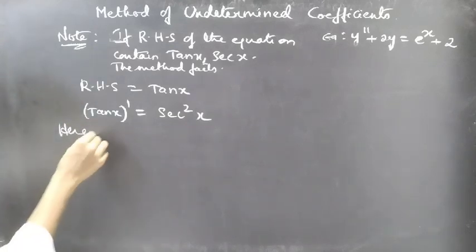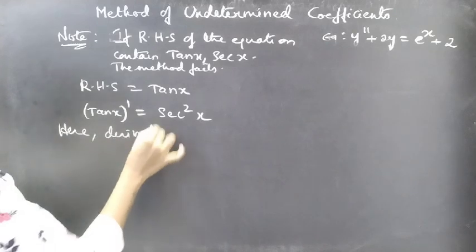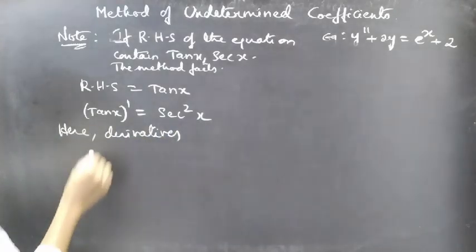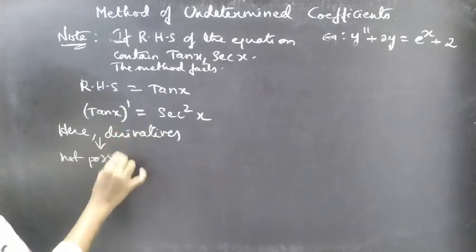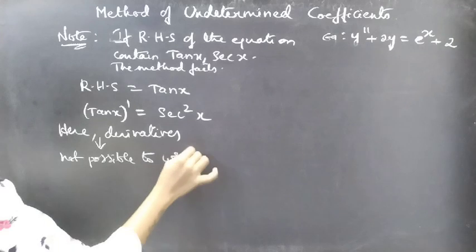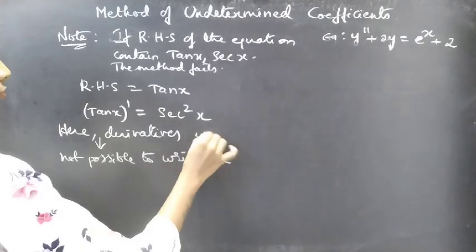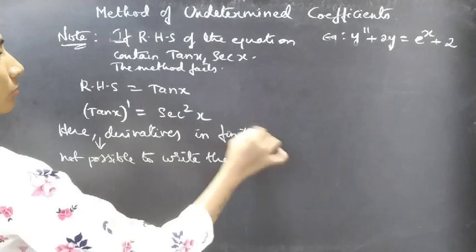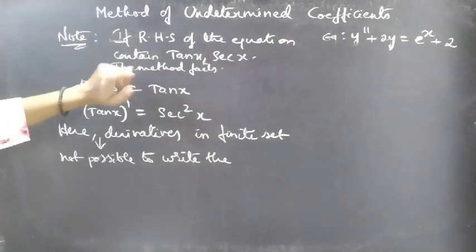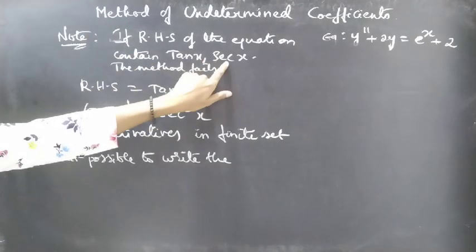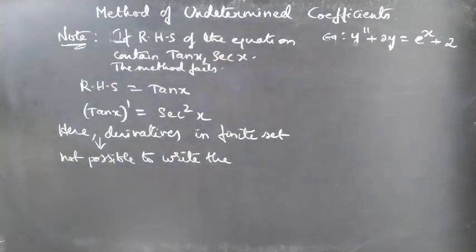It is not possible to write the derivatives in a finite set, because the terms get increased, we won't get an end. So we have to remember that the method of undetermined coefficients fails when you have q of x equal to tan x or secant x.